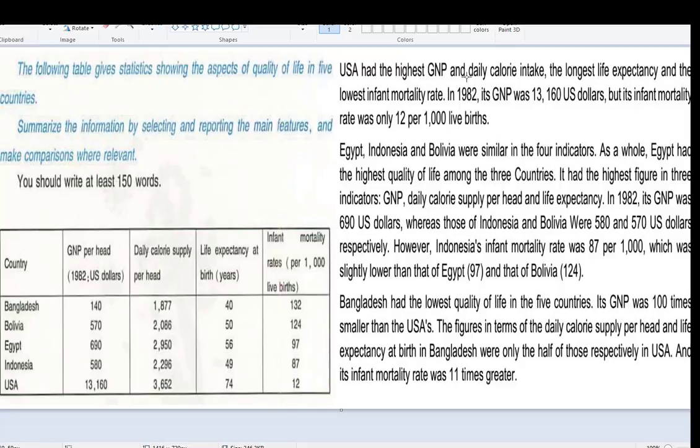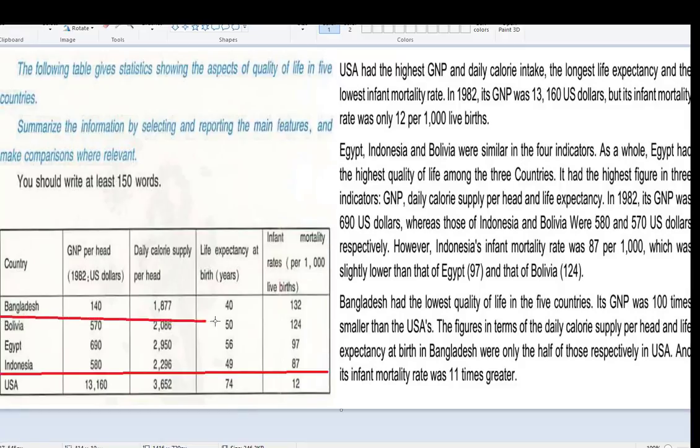USA had the highest GNP and daily calorie intake. The longest life expectancy. Okay, so the writer is putting the USA in its own category because it stands out from the other ones. Egypt, Indonesia, and Bolivia were similar in the 4 indicators.